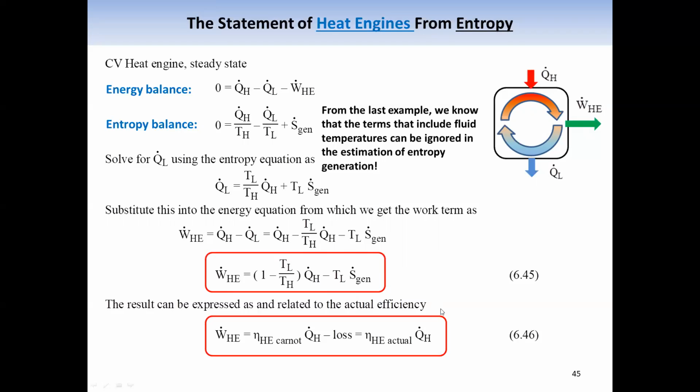And another aspect of the entropy generation term can be stated as the following. For the idealized Carnot cycle, we have the definition of efficiency like W divided by QH, and we don't have the last term.